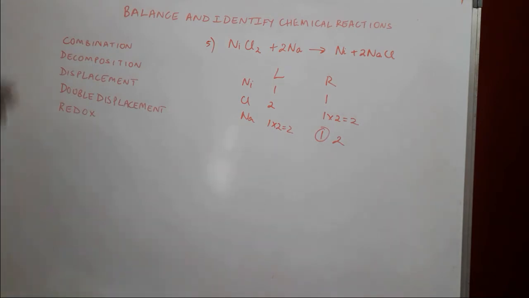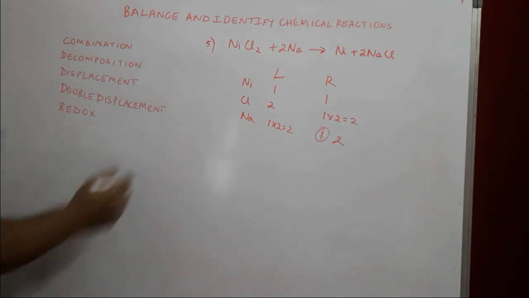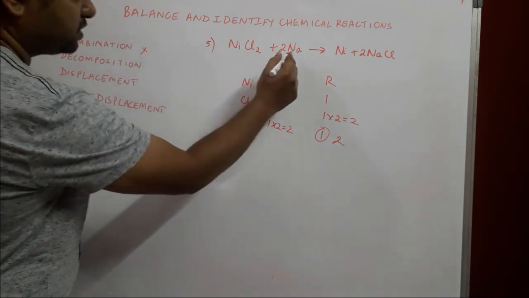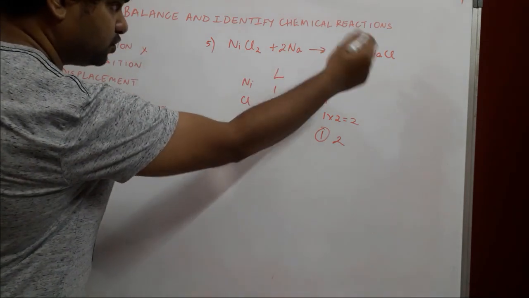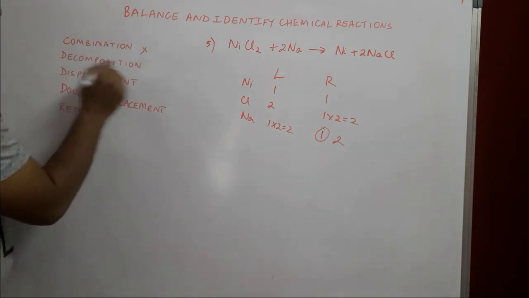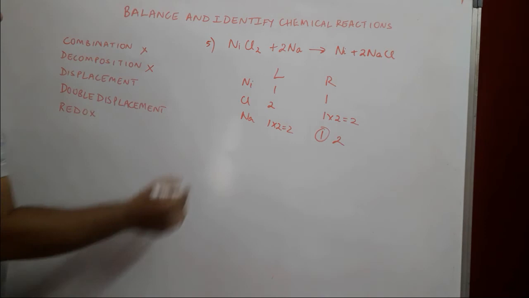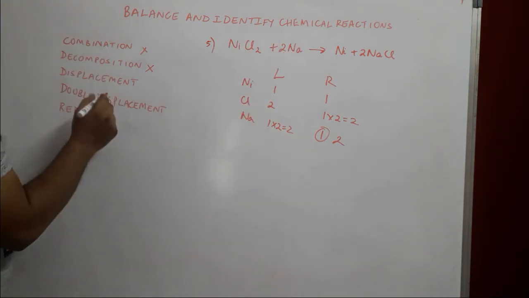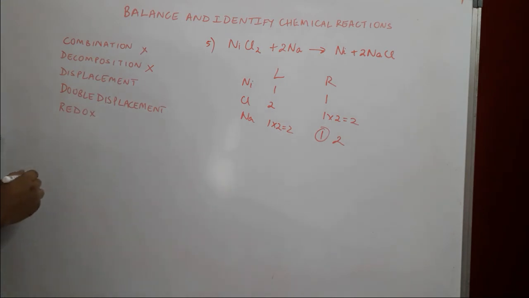Now, to check what type of reaction this is. A combination reaction? No, because 2 reactants are reacting to give 2 products, and we need only 1 product, so we rule that out. Decomposition reaction? No, because we have 2 reactants, and we need only 1 for decomposition. What about displacement reaction?